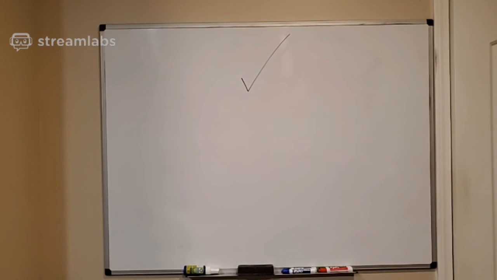So, if we're looking at the F prime graph, how do we find points of inflection? Well, what is a point of inflection? It's where concavity changes. And so it's where the second derivative changes sign.